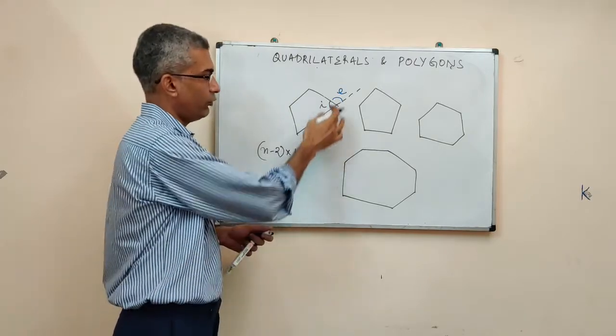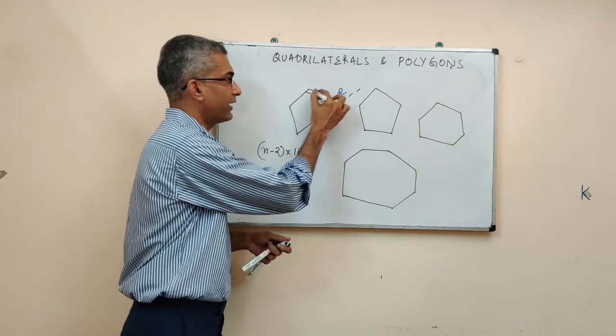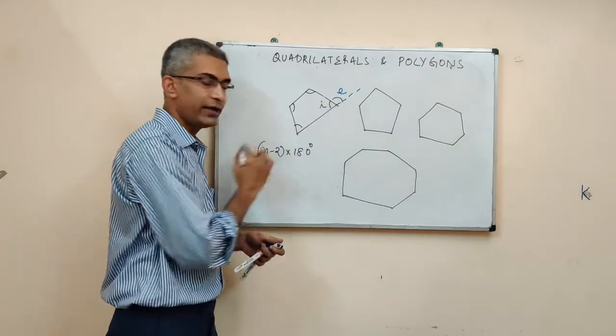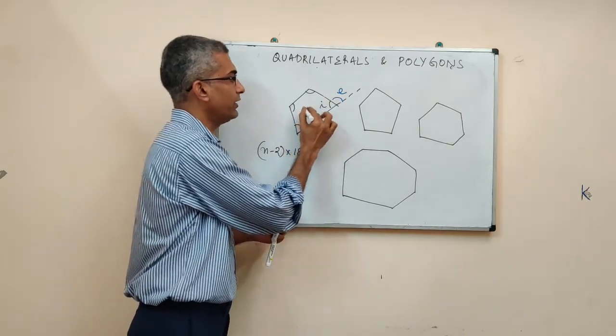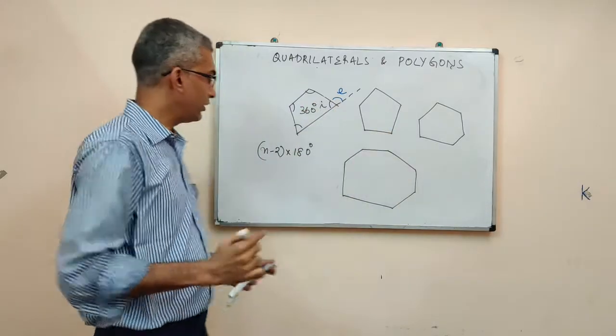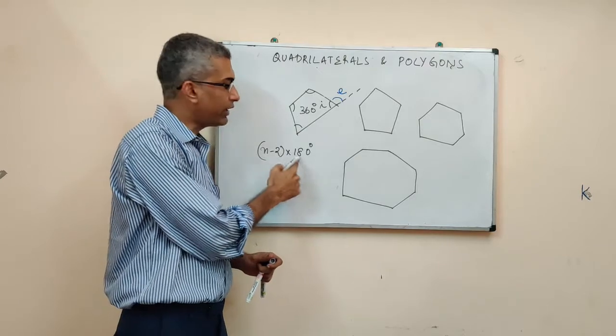For example, if you have a quadrilateral which has 4 sides, the sum of the internal angles will be (4 minus 2) multiplied by 180. That is, the sum of the internal angles in the case of a quadrilateral will be 360 degrees. In the case of a pentagon, n becomes 5. So 5 minus 2, 3 multiplied by 180.